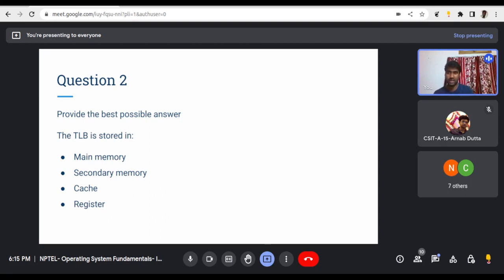That is done with the intention to reduce the overall access time required to read a frame from the main memory. Okay, so the answer for this question is cache.